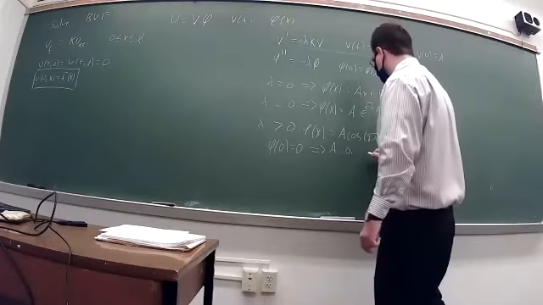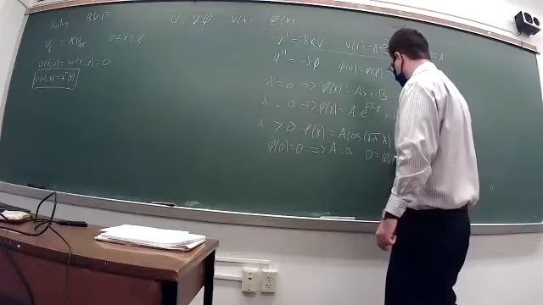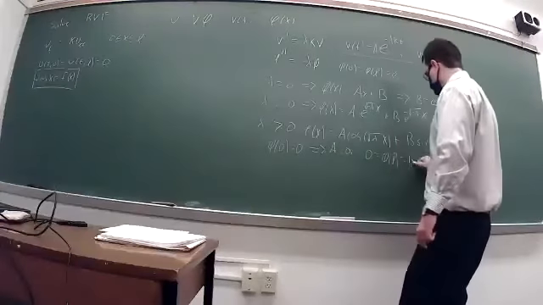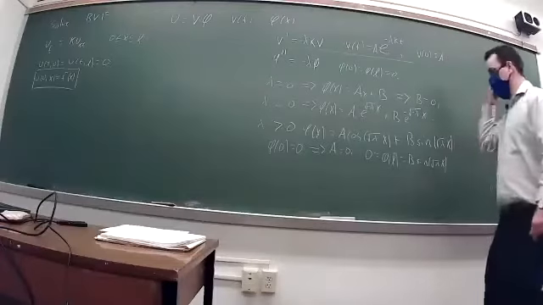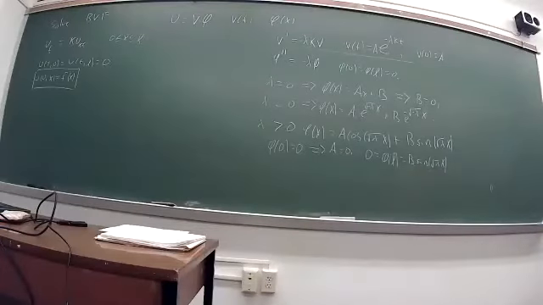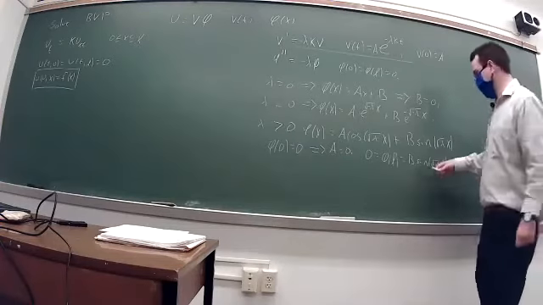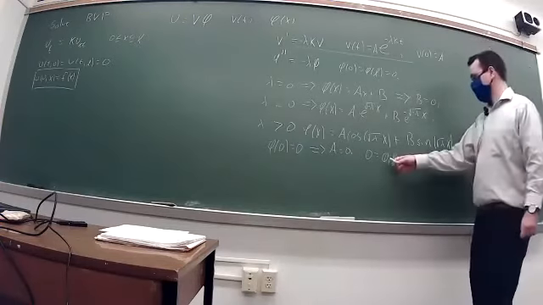And secondly, 0 equals phi of L is now equal to B times sine root lambda times L. Now, clearly we don't want to choose B to be 0 here.